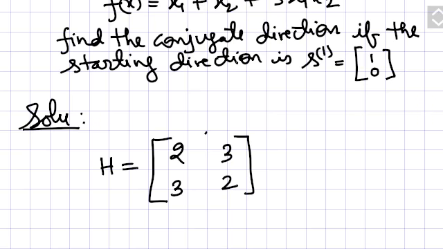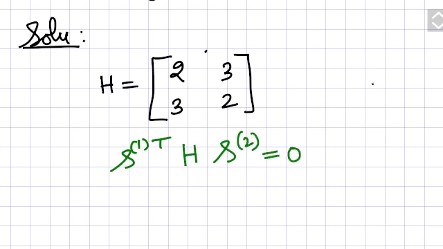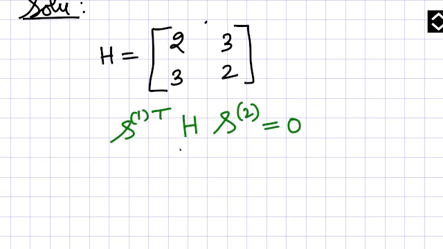After that, you will apply a formula. This is the formula to find the conjugate direction. It is a very simple formula, it just looks complicated. This is the transpose of the direction that has been given to you.